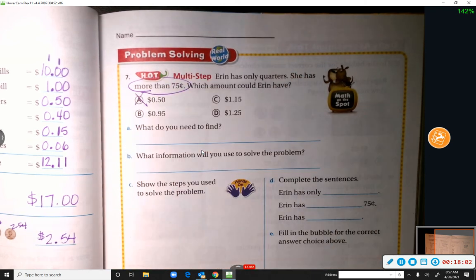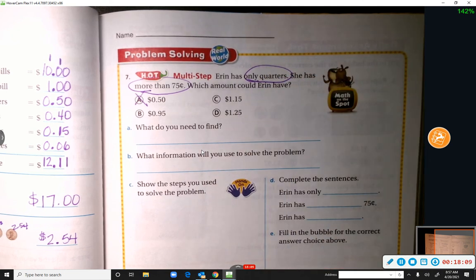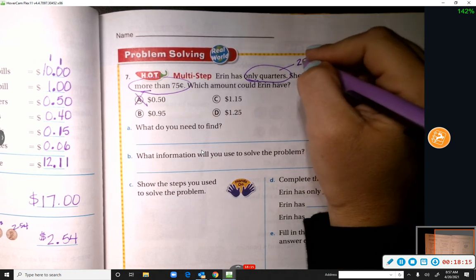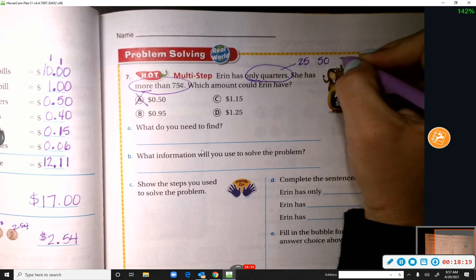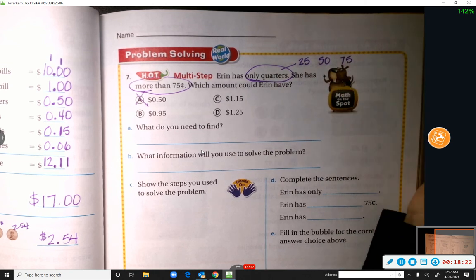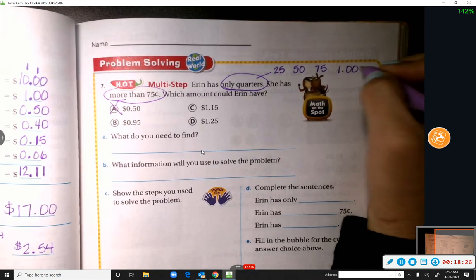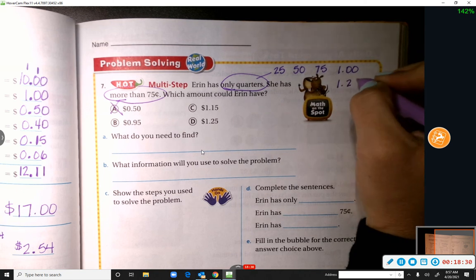Okay? Now the other thing that Erin has is only quarters. So if I have only quarters, then I need to skip count by what? 25. So 25, 50, 75, what would come next? $1. Good. And what would come after that? $1.25.